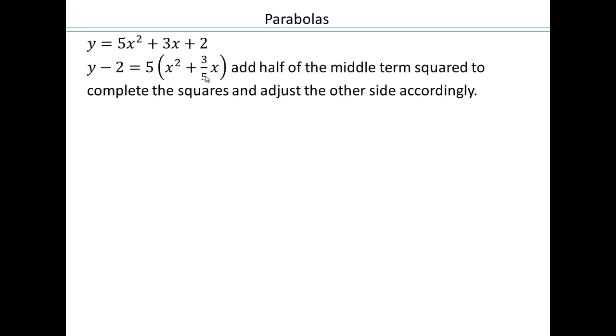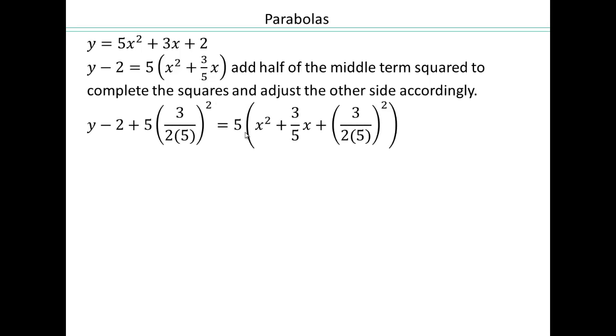So 3/5 is your coefficient, and half of that is (3/10), add its square. Now remember, what you are really adding is 5 times (3 over 2 times 5) squared. So we have to add the same number on the other side to preserve the equation.